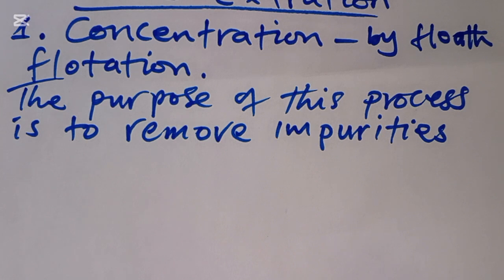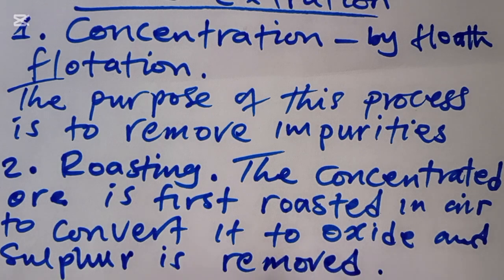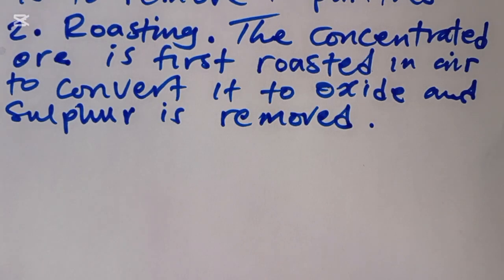Number one, the concentrated ore is roasted in air to convert it to oxide, and number two, sulfur is removed. So this is the second process.